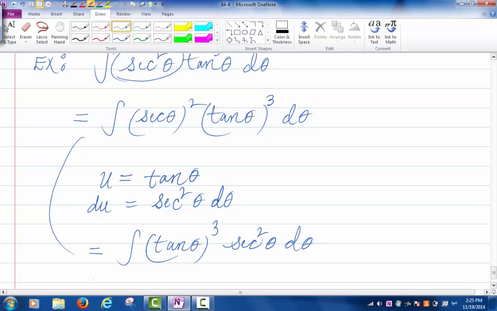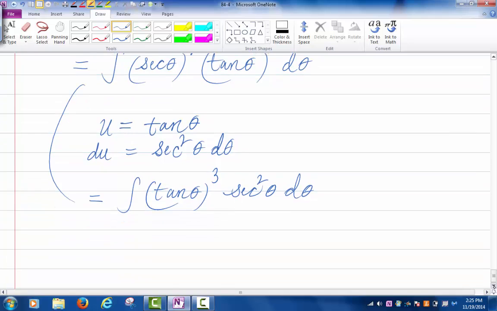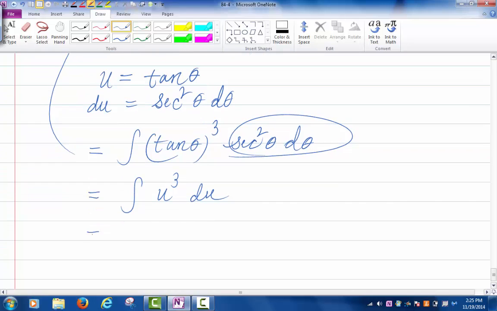And I can replace tangent by u, and I can replace this thing here by du, and then it's just a power rule, 1/4 u to the 4 plus a c. Finally replace u with, what did we pick for u?